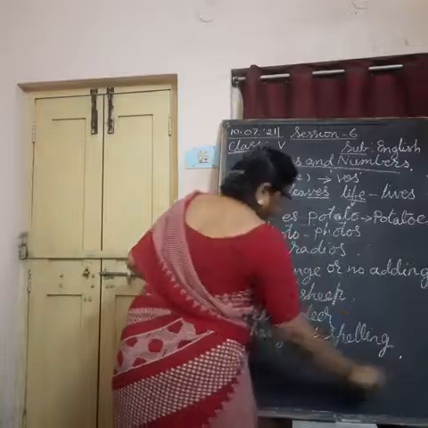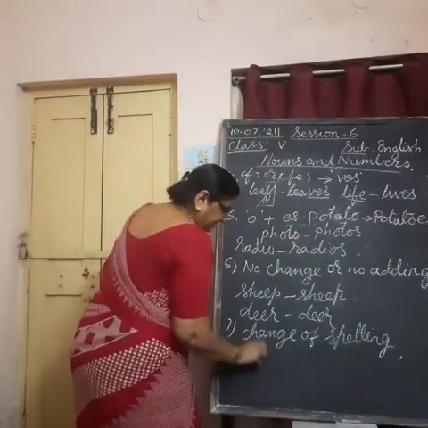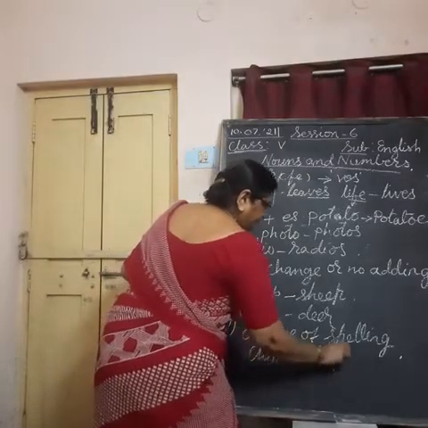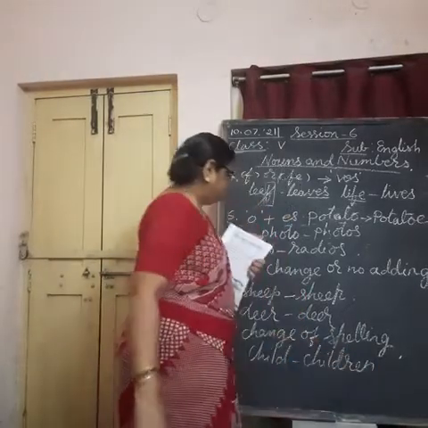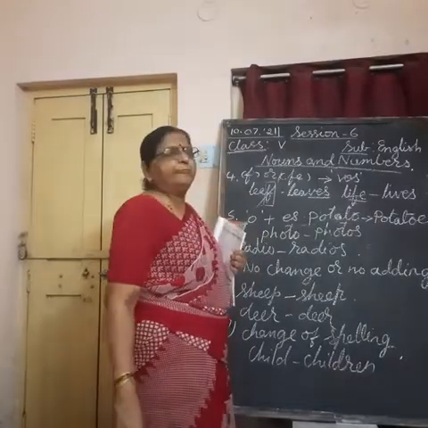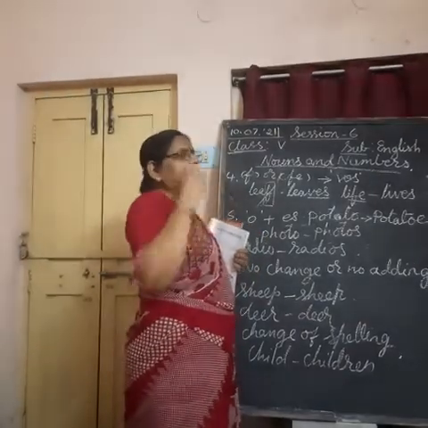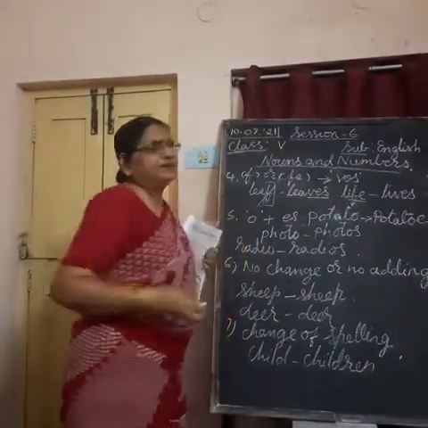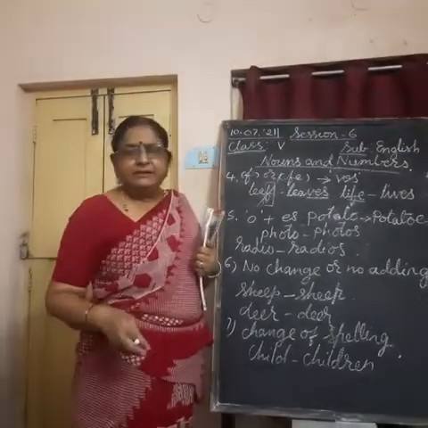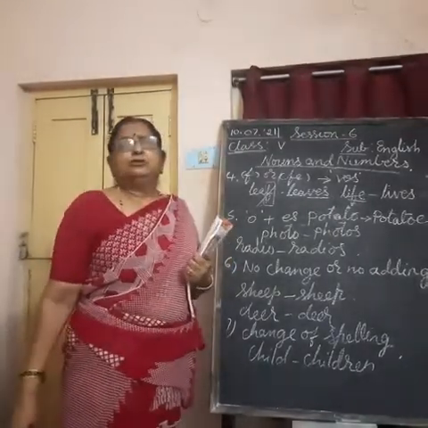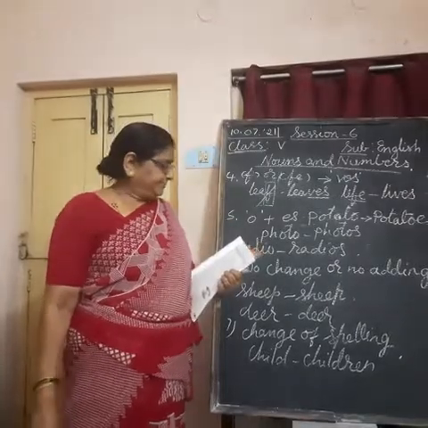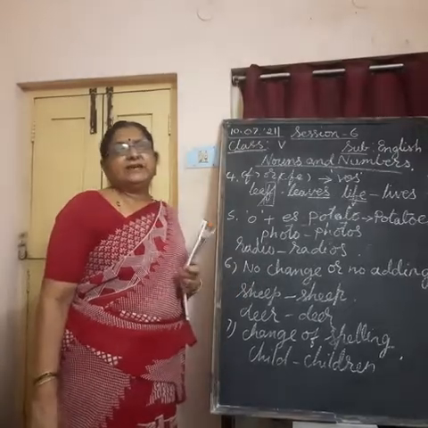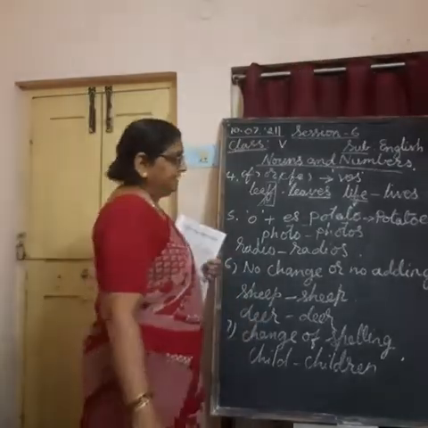Change of spelling. For example, child is there. Plural is children. If child is the spelling, plural is children. Woman, WOMAN. Its plural is WOMEN. Man, men. Foot, feet. Tooth, teeth. Mouse, mice. Goose, geese. In this way, we completely change the spelling.